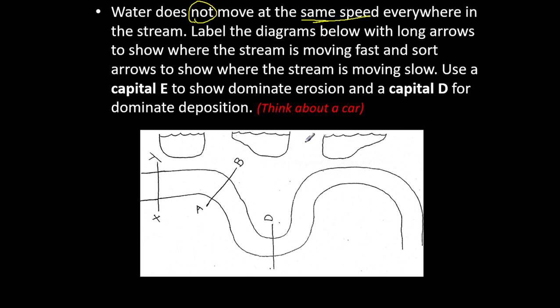Remember, erosion means taking away. So that means we have to look at this one over here. So this is going to be B, this is going to be A. Now, this is where your erosion is going to happen, and this side over here is where your deposition is going to happen. Erosion is always going to occur on that outer bend on this side over here. Think of this as your elbow.